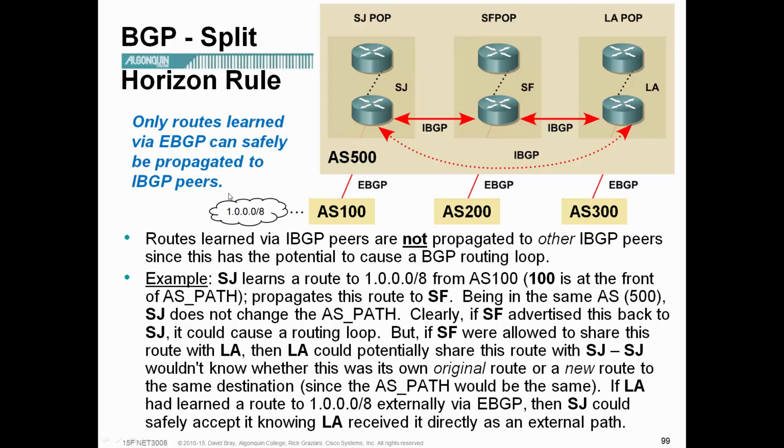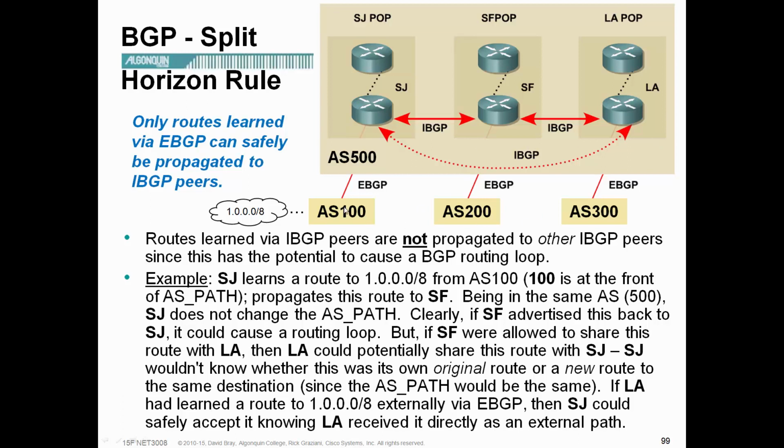Before I look at this example, let me quickly talk about what we've got here. I've got AS500, a number of routers, but the routers at the edge are SJ or San Jose, San Francisco, and LA. How do we know this is a Cisco example, right? In addition to AS500, we've got three other ASs shown here, AS100, 200, and 300.